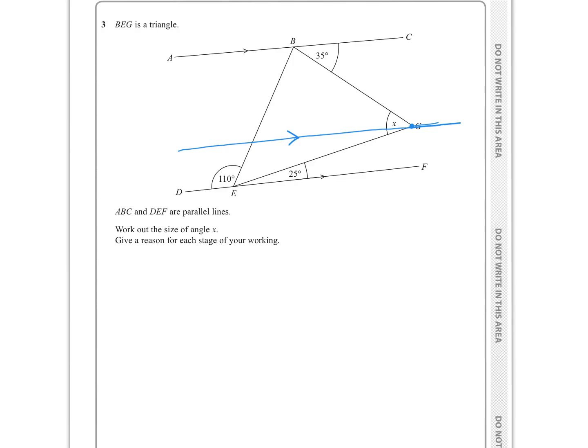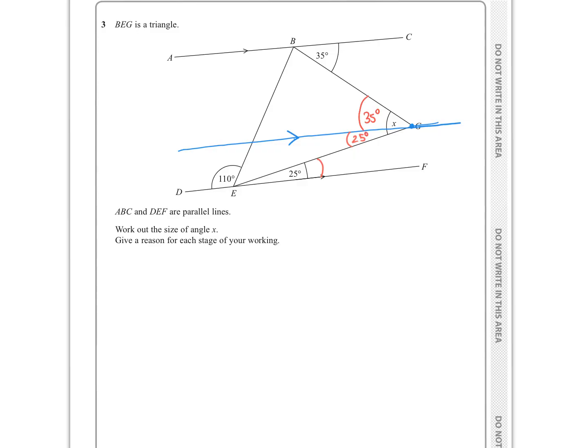That's really important, because what you've now got is an alternate angle to 25, and now you've got another one here. So there's 2. So you can say that this one here is 35 because of alternate angles, and this one's 25. Let's put it smaller.